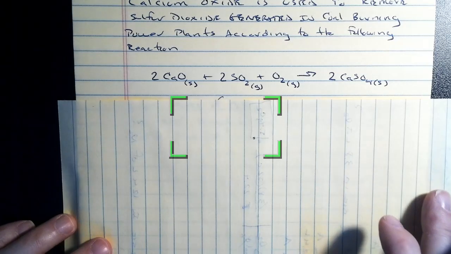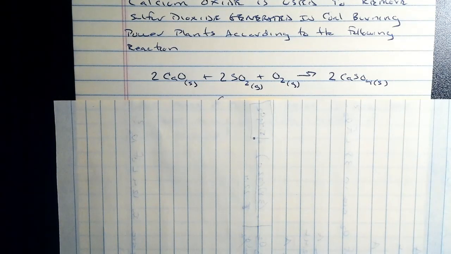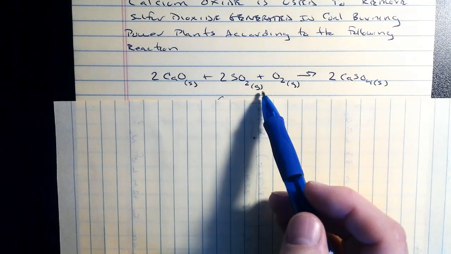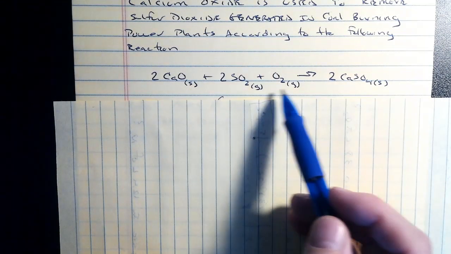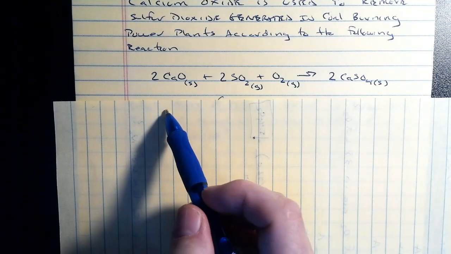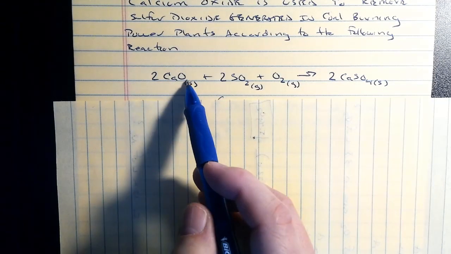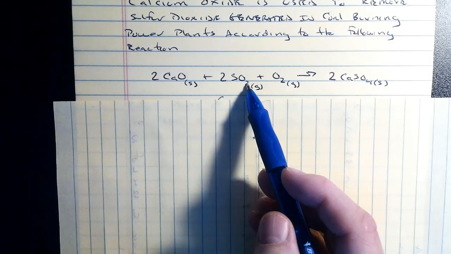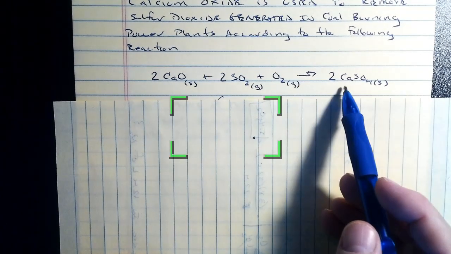And here's the reaction. 2CaO reacts with 2SO2 and 1O2 to produce 2CaSO4. So again, G stands for gas, S stands for solid, then we've got a gas and a solid. So calcium oxide reacts with sulfur dioxide and oxygen to produce calcium sulfate.